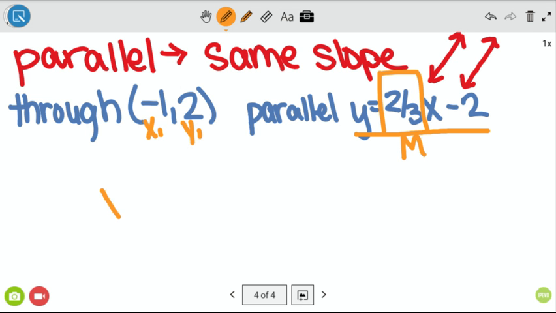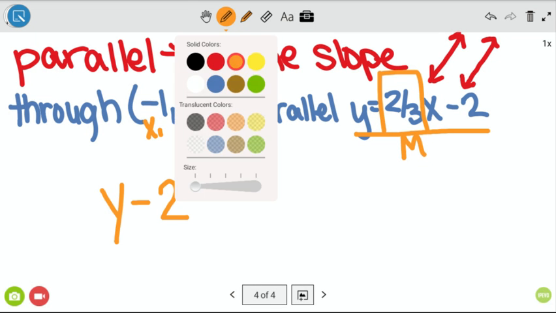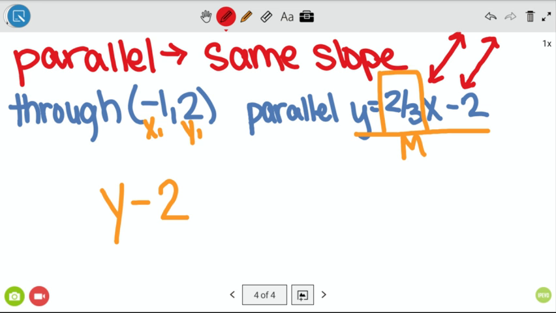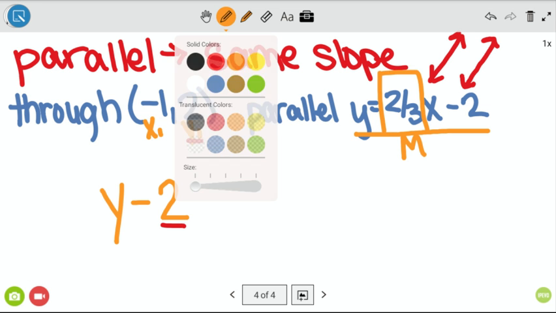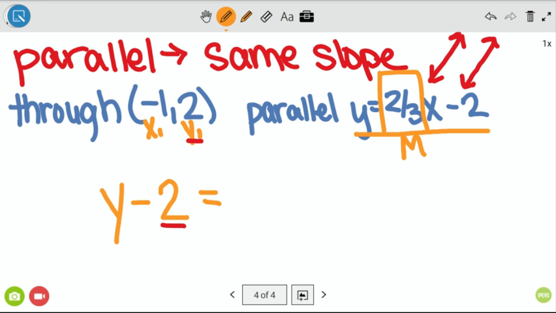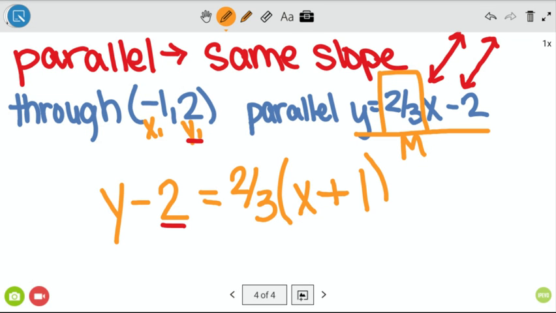So then our point slope would be y minus 2 is my y coordinate, coming from that number right there. So this number is where that came from. And then we have equals. Now we have our slope is 2/3. And then in your parentheses, we have x minus -1, which we can change to a +1.